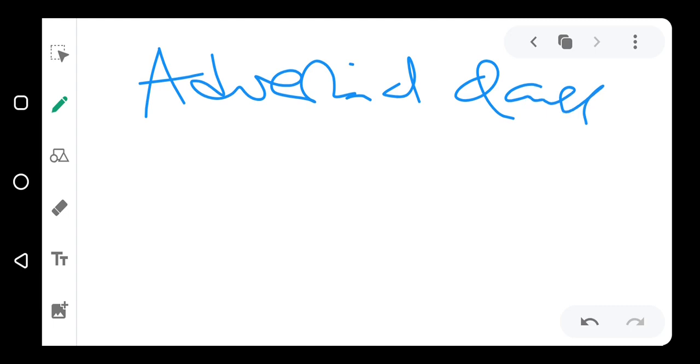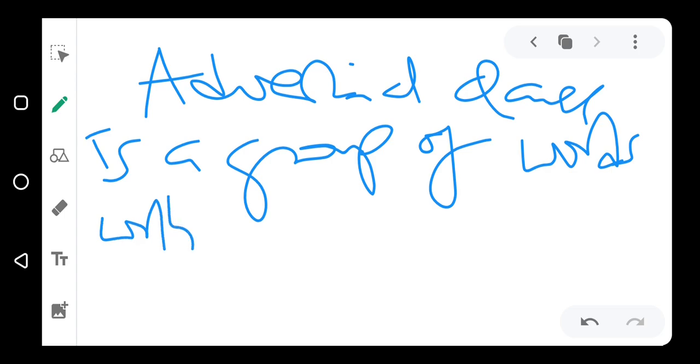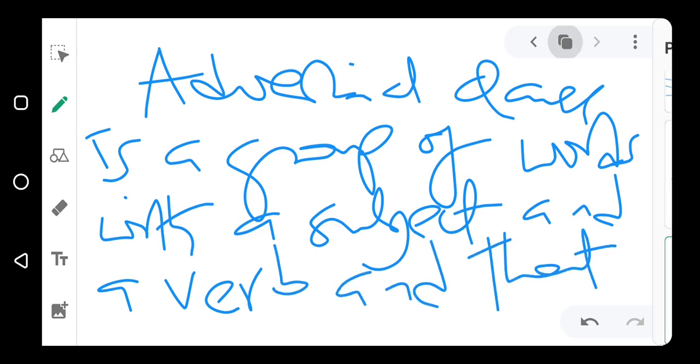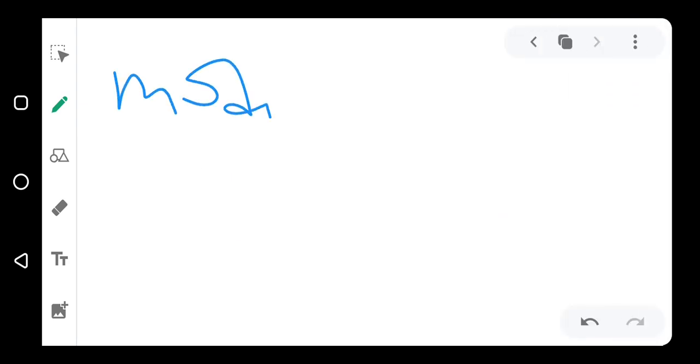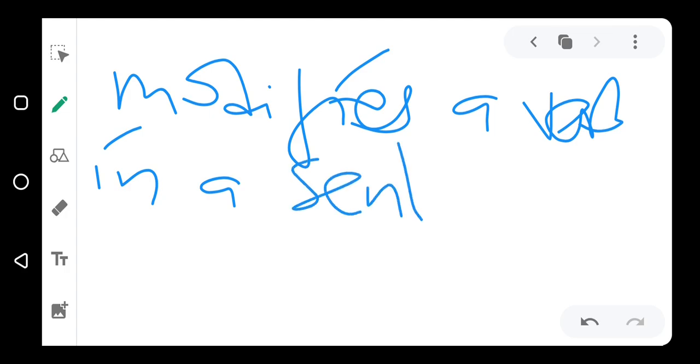So, adverbial clause is a group of words with a subject and a verb, and that modifies a verb in a sentence.